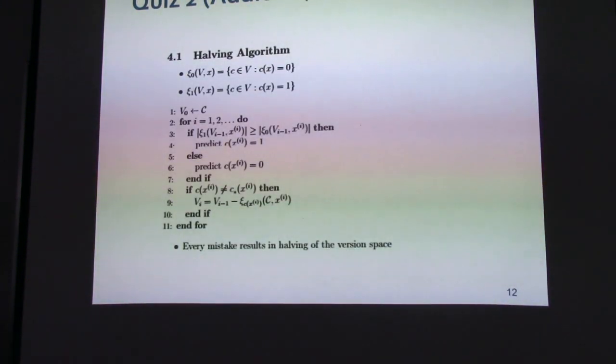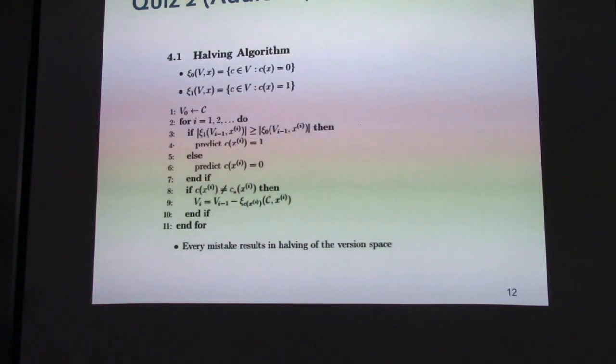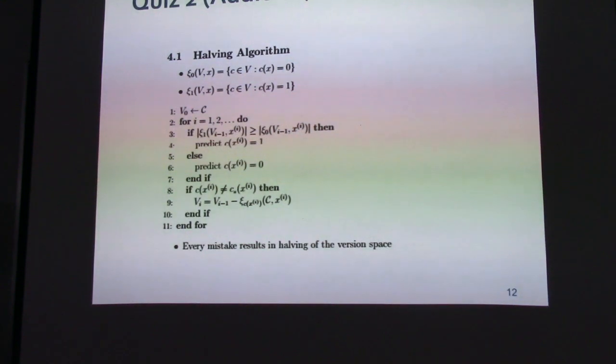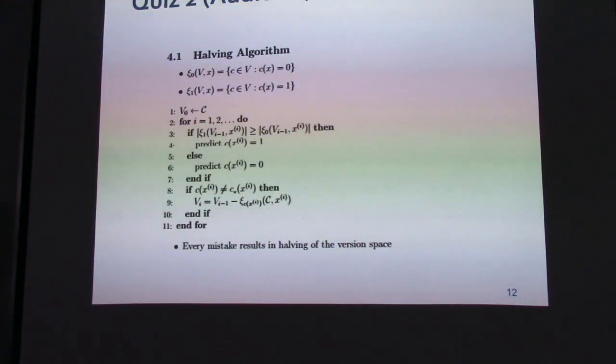Actually, there is another algorithm that is not included in the quiz, but I think it should also be paid attention to. The algorithm is the halving algorithm. The idea is very simple. The algorithm predicts the input example based on the number of the positive examples and the negative examples.